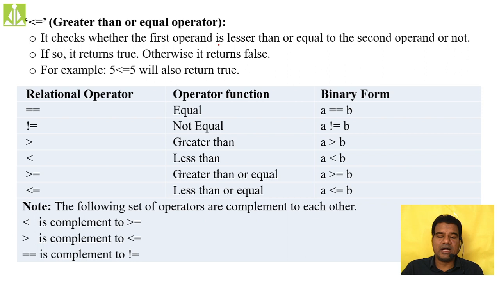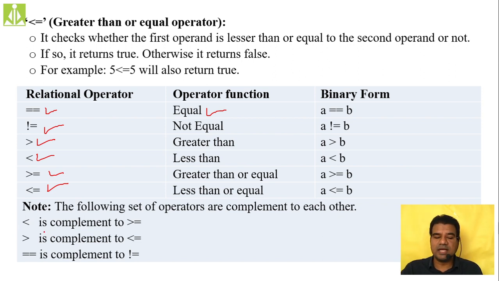Double equals to we are using for checking the comparison of two operands, and the name is equal. It will check the equality of two operands. Then not equal: if the given operands are unequal, it will return true. Greater than, less than or equals to, greater than or equals to, all these are your mathematical operations, and you are well aware of these things, isn't it?